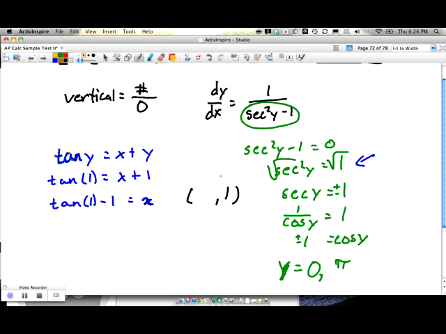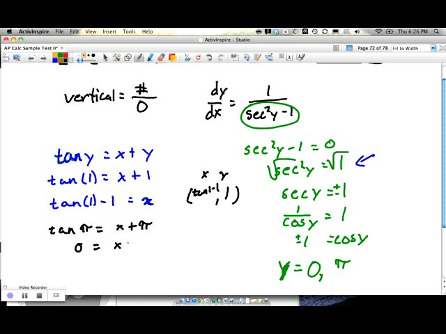Well, let's see what happens if we plugged in pi. That would mean that tangent of pi is equal to x plus pi. And tangent of pi, that's sine over cosine, sine of pi equals 0. So 0 equals x plus pi. That means that x equals negative pi.